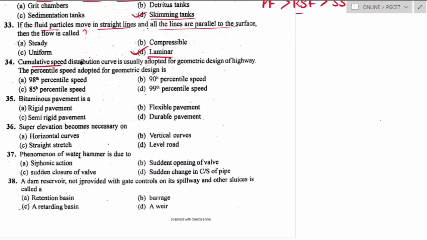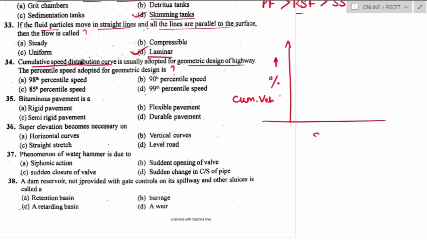Question number 34. Cumulative speed distribution curve is usually adopted for geometric design of highway. The percentile speed for geometric design is, as per IRC, the geometrical design of highway. The cumulative speed distribution curve is given by the following graph, that is cumulative vehicles in percentage along the y-axis and speed of the vehicles along the x-axis.